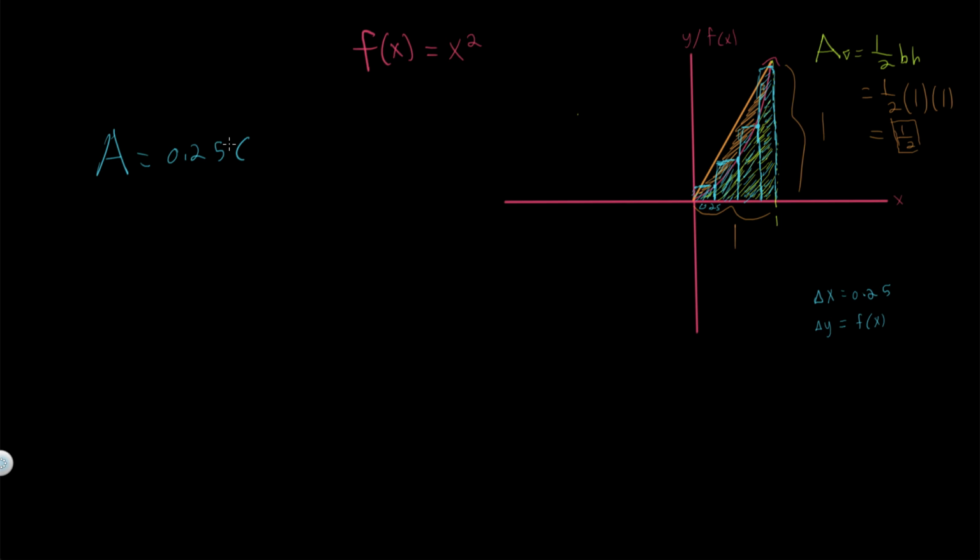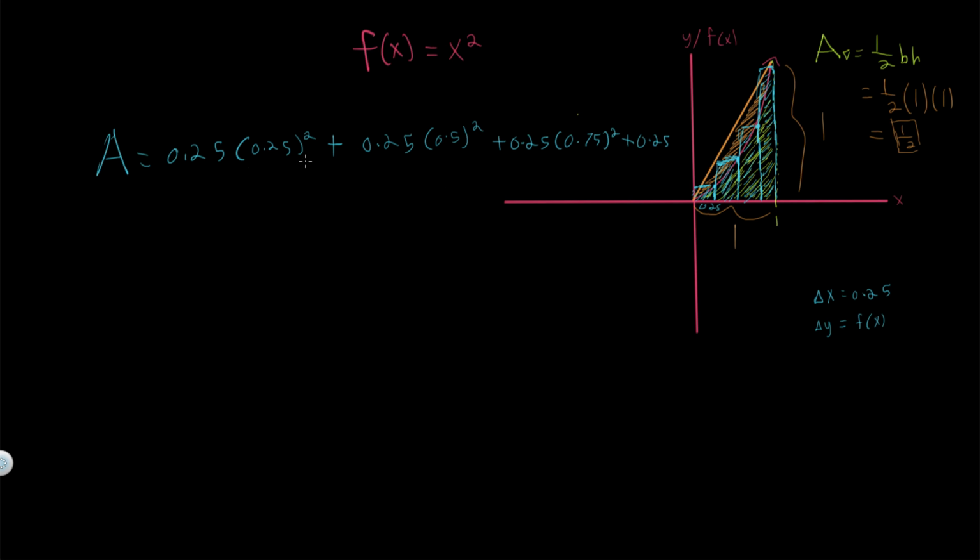The height of the first one will just be 0.25 squared, because that's the height at that point, plus, again, 0.25 times the height of the second one, which is determined by the value at 0.5, so 0.5 squared, plus 0.25 times 0.75 squared, that's the height of this third one, and then plus 0.25 times 1 squared, which is just 1. So this one's just going to be 0.25.